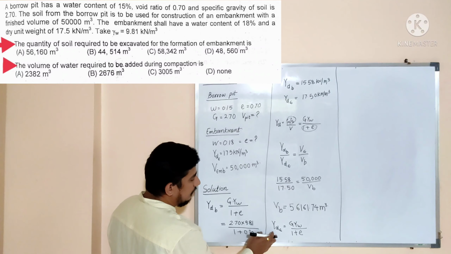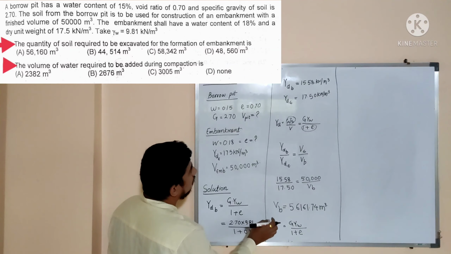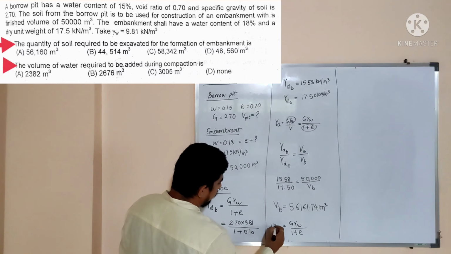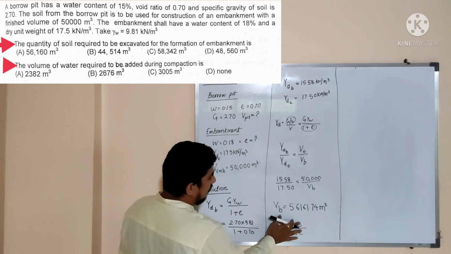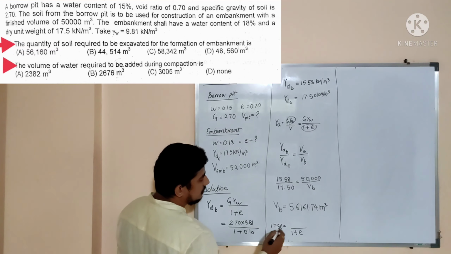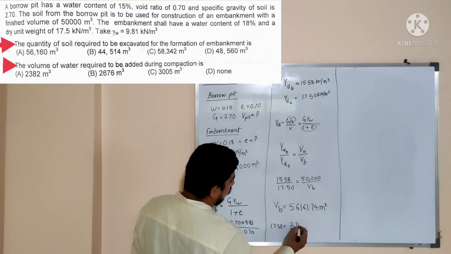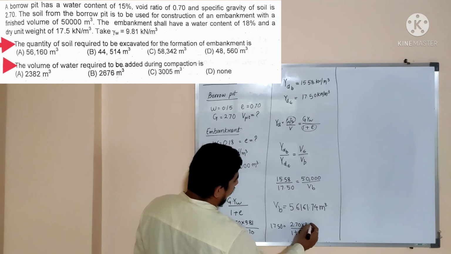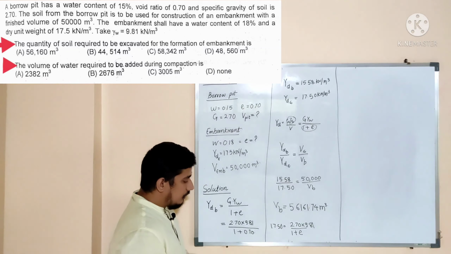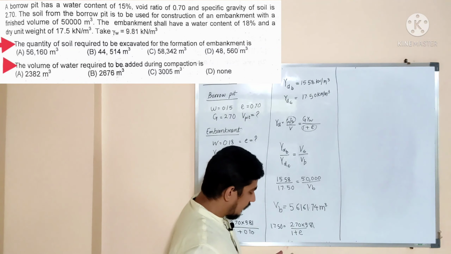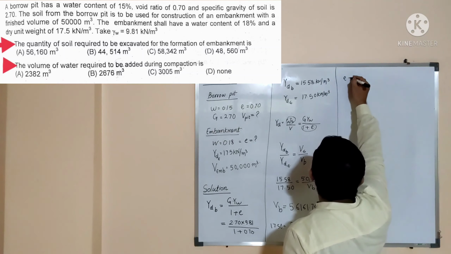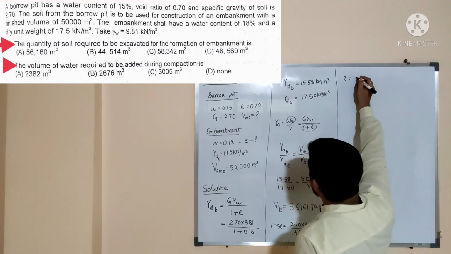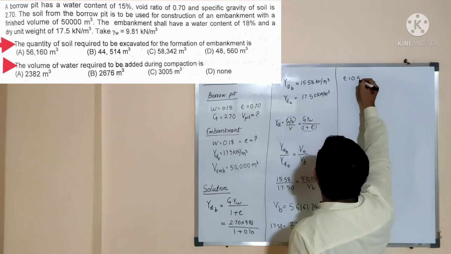Okay, so gamma dE is known to us, that is 17.50. G and gamma W are known to us, G is 2.70. Specific gravity of solids is not going to change, that will remain the same. So 2.70 into 9.81. Depending on this, we can find out the void ratio, which is 0.51, or e is equal to 0.52.